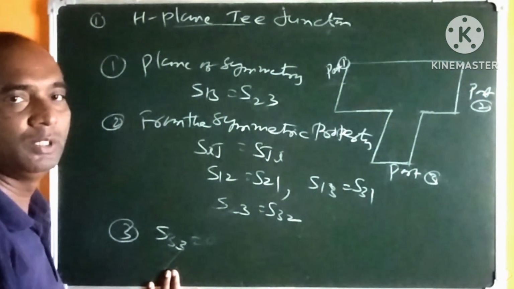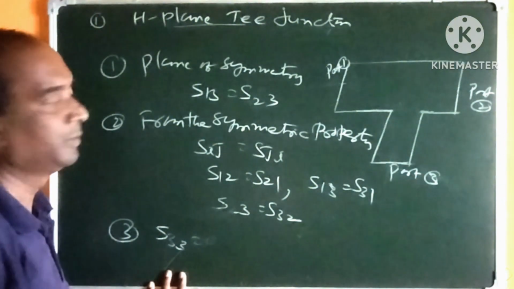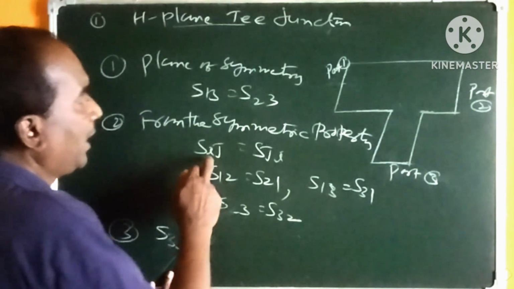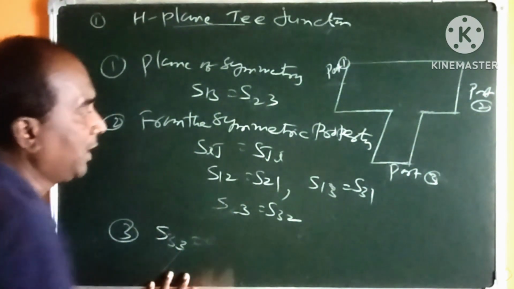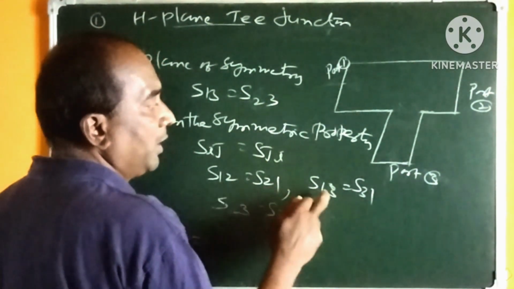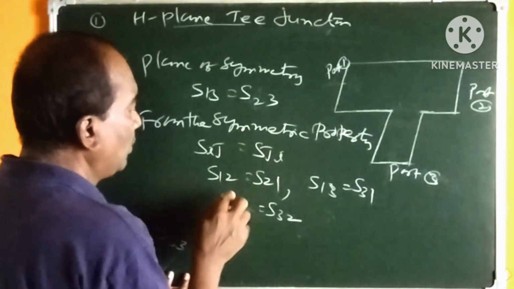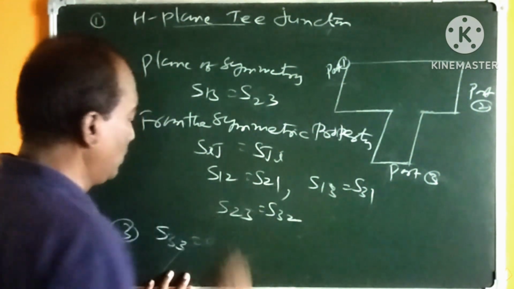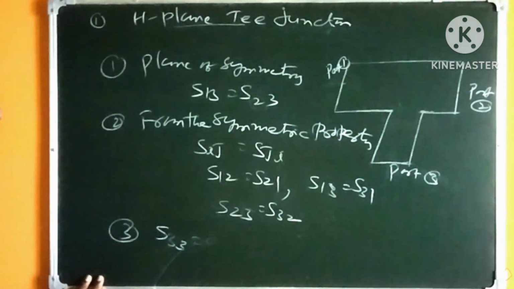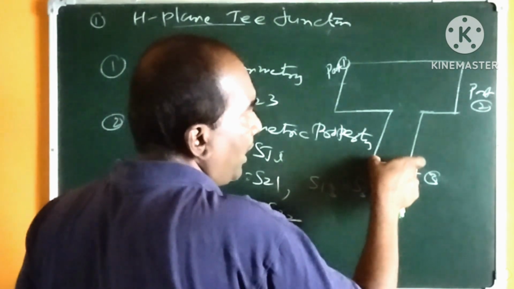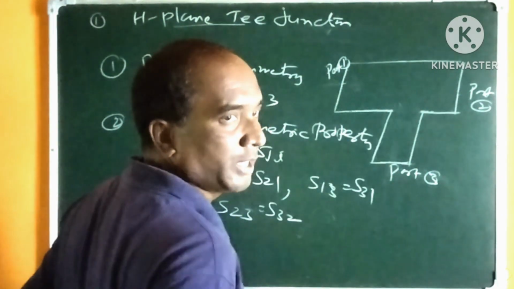And second one, use the symmetric property. From the symmetric property, Sij equal to Sji, that is S12 equal to S21, S13 equal to S31 and S23 equal to S32. And third one, let us consider that port 3 is perfectly matched with the junction.